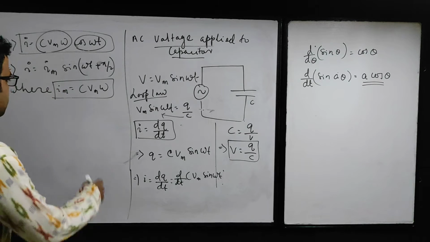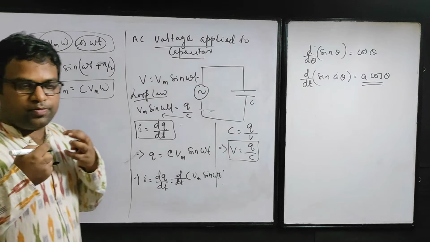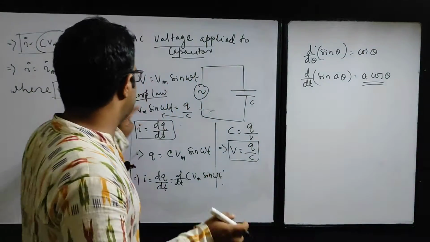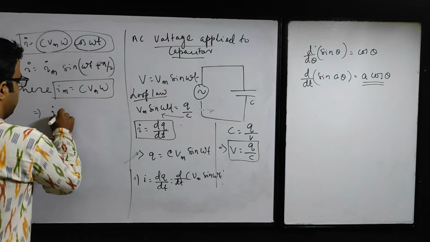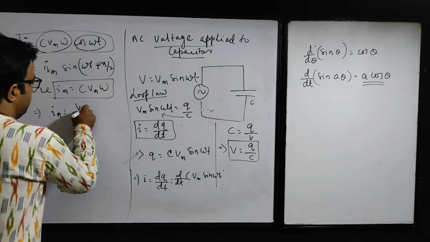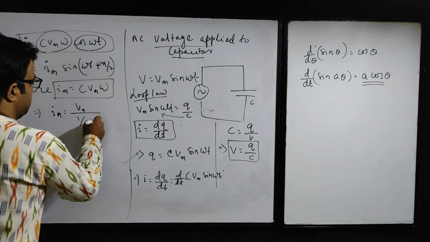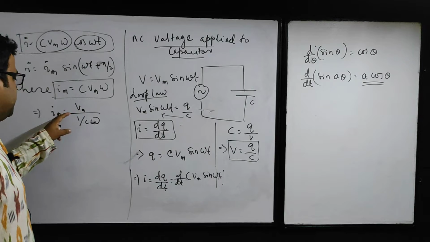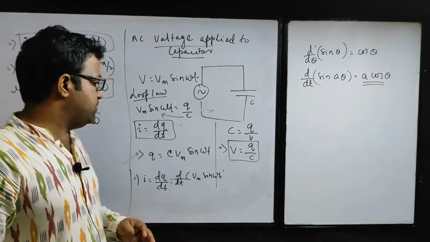Because from Ohm's law we know that current is equal to voltage by resistance. So here, who will provide the resistance? I can rearrange this and write Im equal to Vm upon 1 upon C omega.